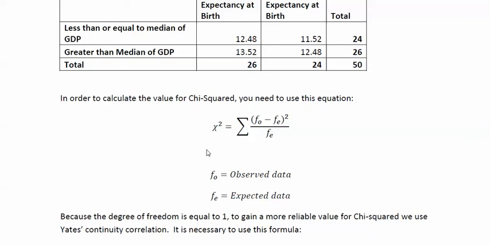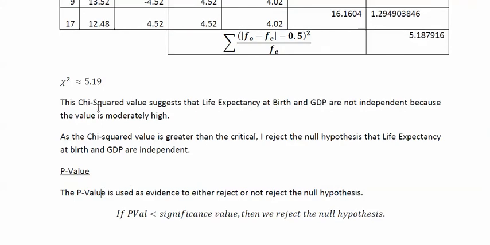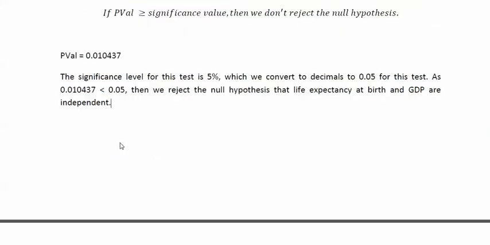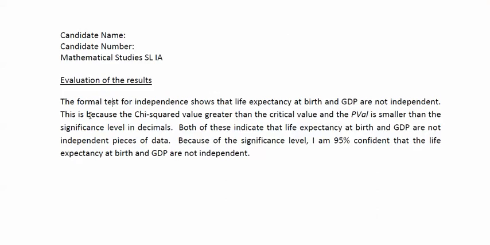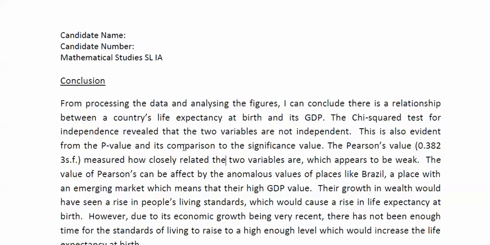Here's the result somewhere. Let me just do this. The result is somewhere down here. Okay, it's here. That's the result. And there's the evaluation of the result for chi-squared. And then at the very end, it's all brought together in a final conclusion. That's the best way to set out an interpretation.